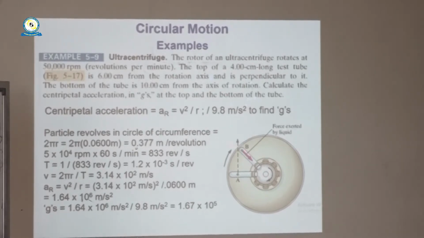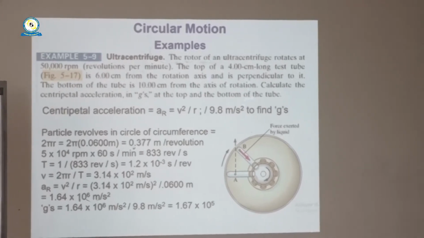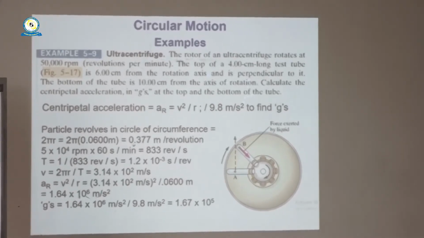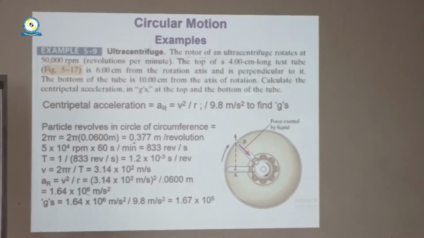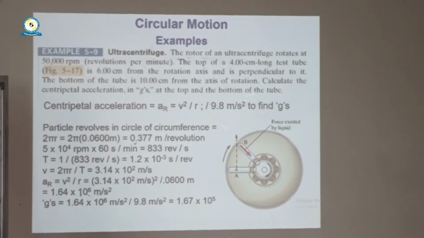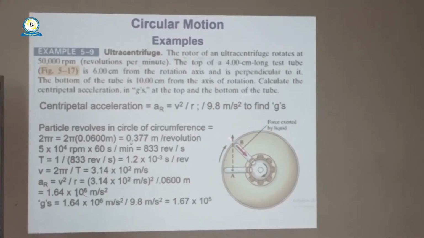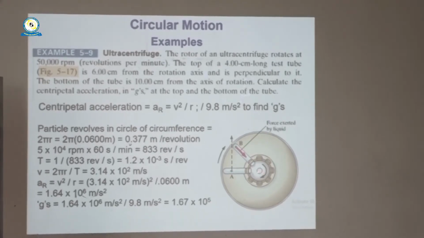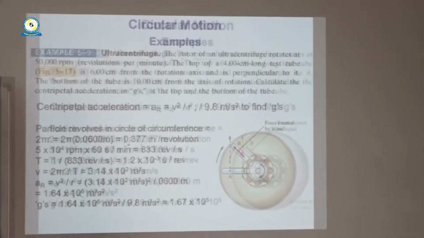It means the radius is 6 centimeters, and the tube is perpendicular to it. The bottom of the tube is 10 centimeters from the axis of rotation. This 10 centimeters is from point A to this axis here.